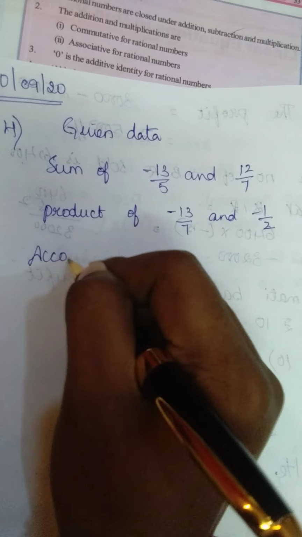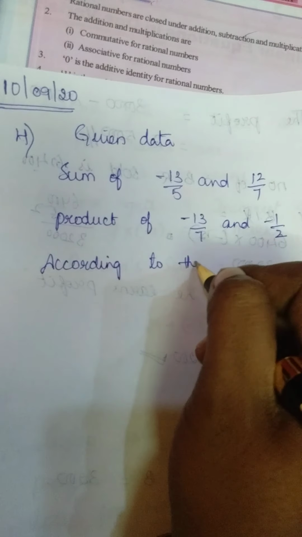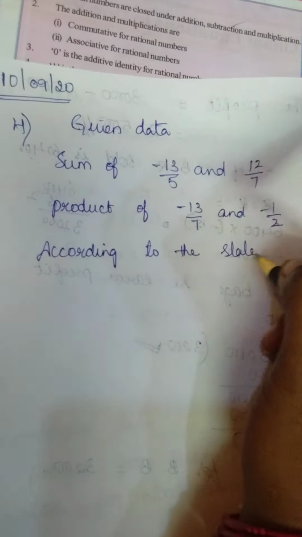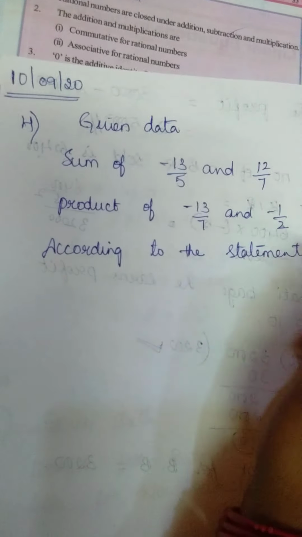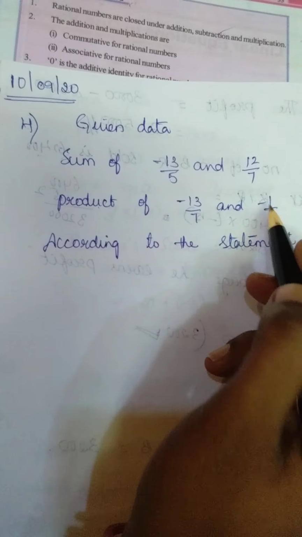These are your statements. According to the statement, what is the question? Divide the sum of these two by the product of these two.